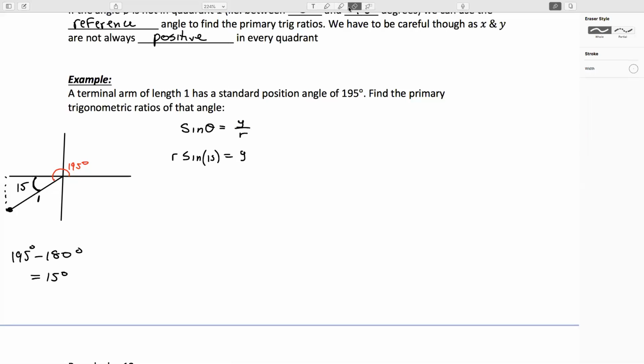R is 1, so this is just 1 times sine theta equals y. And I can figure out what my y value is by just calculating sine theta in my calculator. When you are working with graphing calculators, I think they will default to radians, so you have to hit the mode button and make sure that you're in degree mode for now, or everything will be wrong. So I'm just going to calculate sine of 15, and that gets me 0.259.